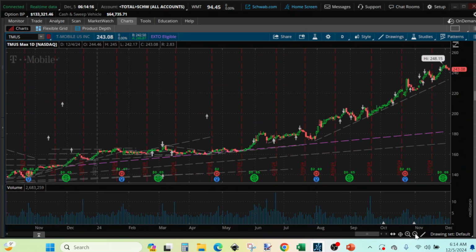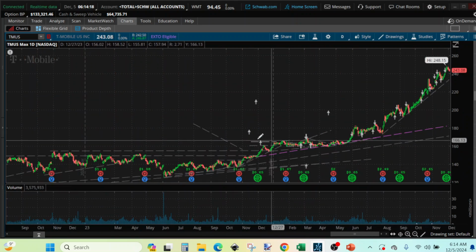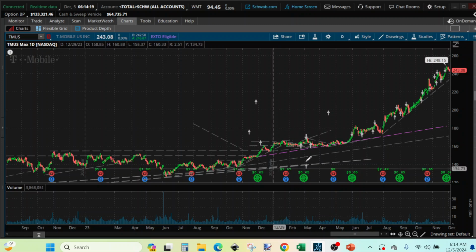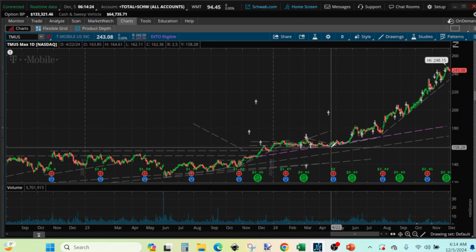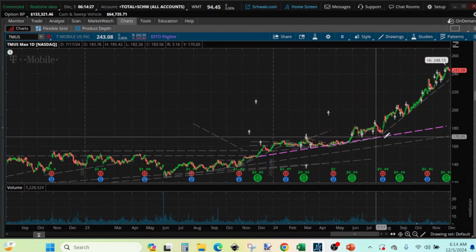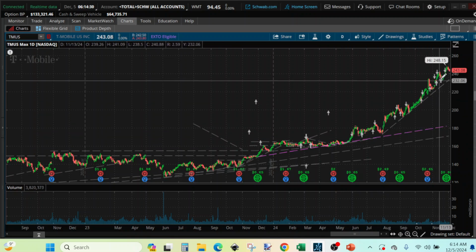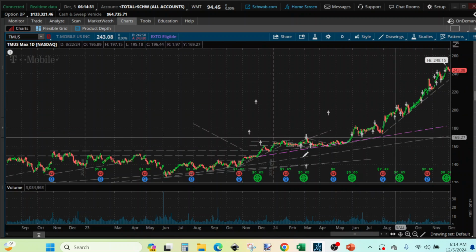If we go back to January area here, yeah, it went up and came back and tried to come back and went up there. So we are going to wait on that line.